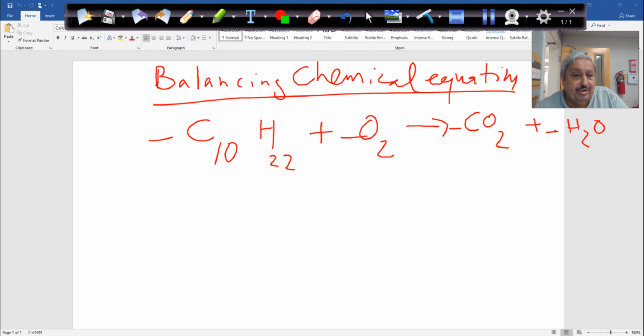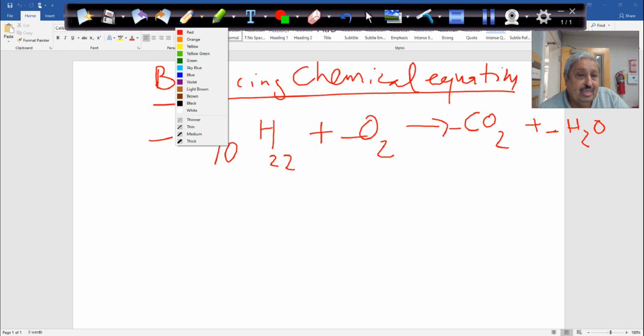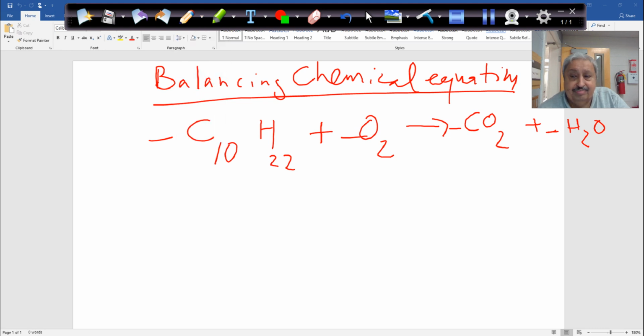Carbon here is 1 and here is 10. So my intuition tells me, how about adding 10 here? By this, I got the carbon done. Okay? Hydrogen is 22 at the left side.